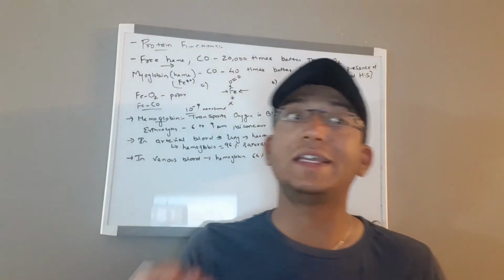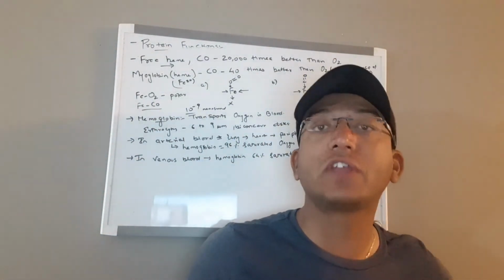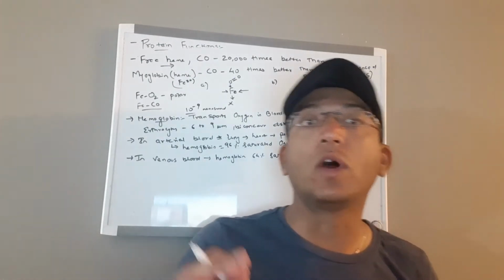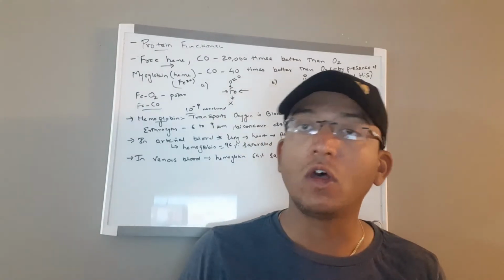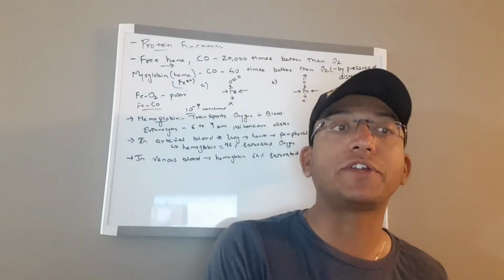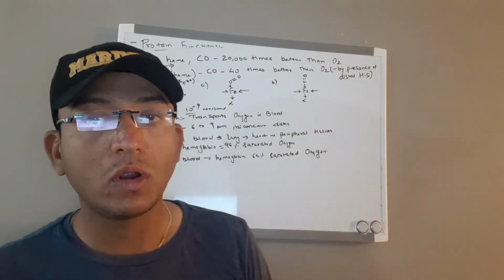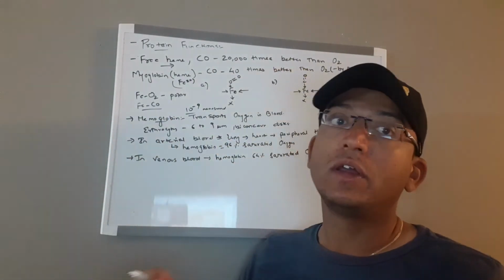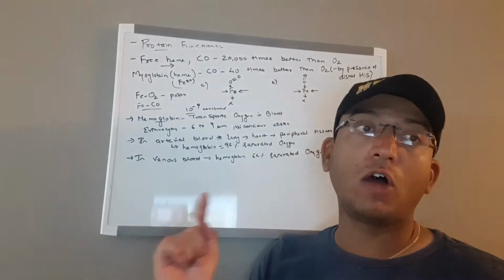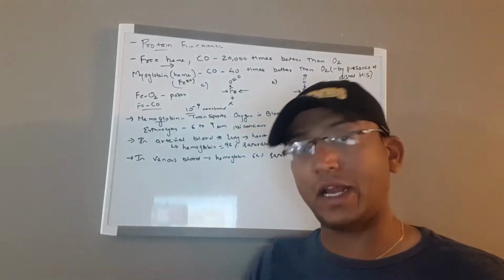So each 100 ml of blood passing through a tissue releases 1/3 of the oxygen it carries, or 6.5 ml of oxygen gas at atmospheric pressure and body temperature, right? So every 100 ml of blood passing through a tissue releases 1/3 of the oxygen that it carries.